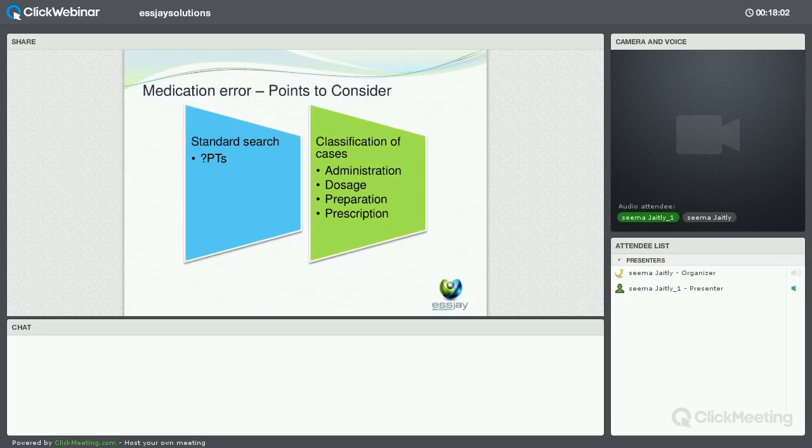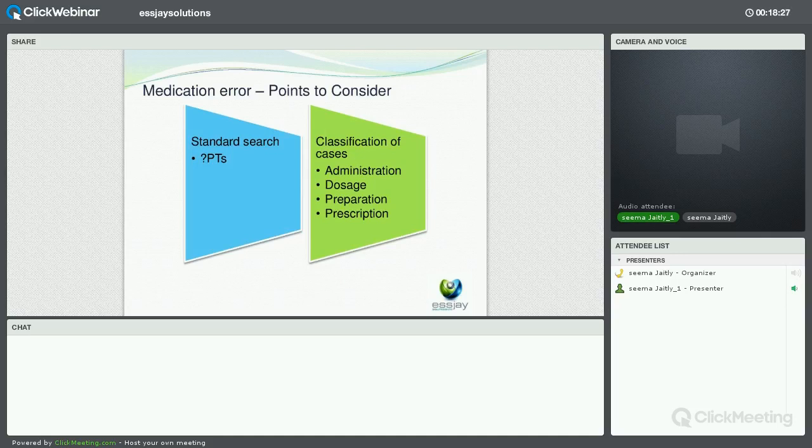So medication errors now. Medication errors is section 9, and importantly here, you do have to include medication errors. What you need to look at though is that your standard search, you'll get an output, what PTs are used, but you will probably, likely, need to do a further analysis to really classify what you're seeing, because a medication error can be so many different things.